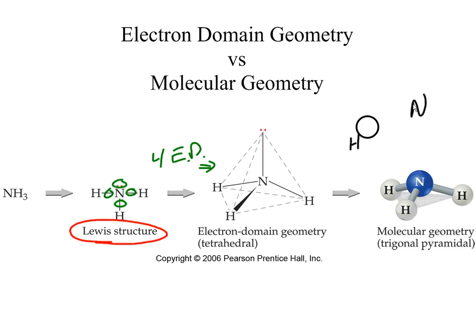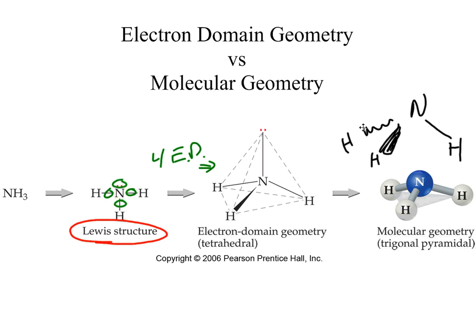So our wedge dash structure, we would have the hydrogen going back into the paper, this hydrogen coming out of the paper, and this hydrogen in the plane of the paper with the nitrogen. So that's how we would draw that. And again, here's the ball and stick model that we would see. So again, hopefully this demonstrates that difference between the electron domain geometry and the molecular geometry.